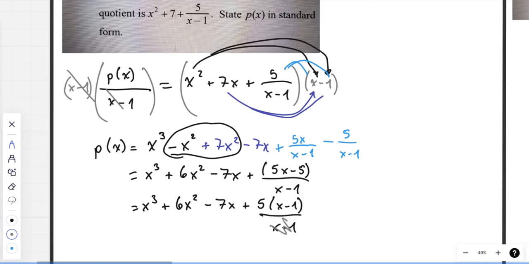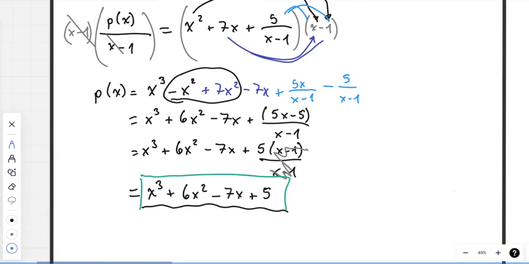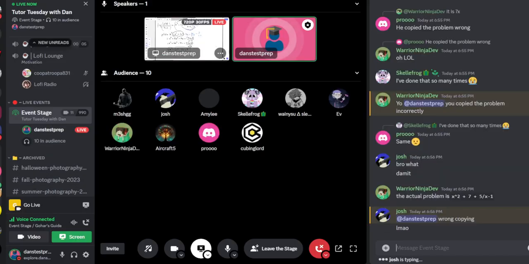So the x minus 1's cancel out. The standard form here finally should be x cubed plus 6x squared minus 7x plus 5. Box it in green because I like green. Makes sense?